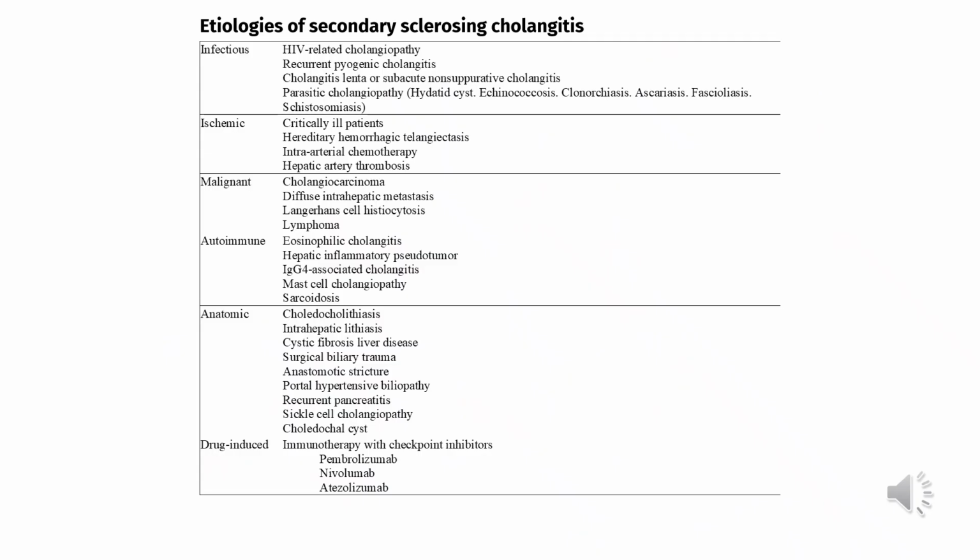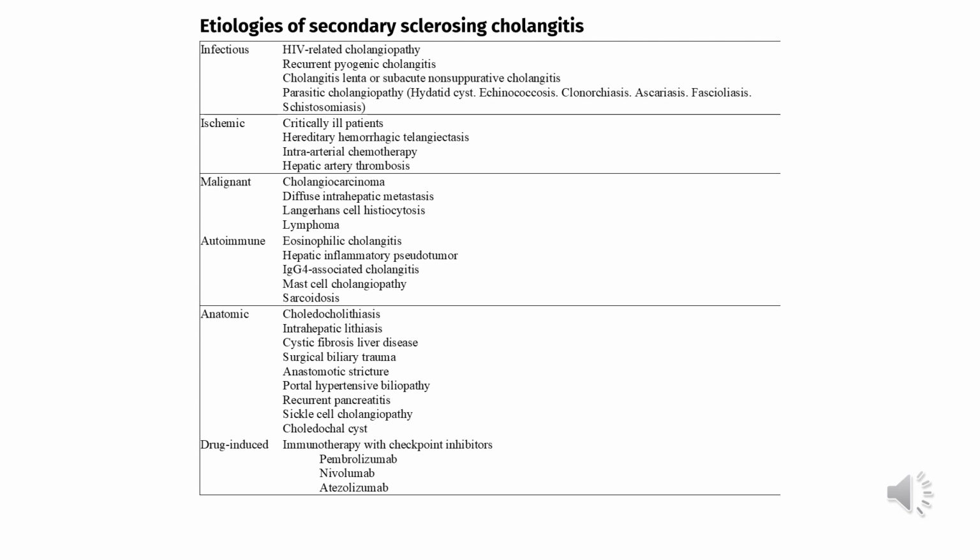Regarding the etiologies of the secondary sclerosing cholangitis, we may have infectious causes like HIV-related cholangiopathies, which is one of the commonest causes, or pyogenic cholangitis, maybe parasitic, especially hydatid cysts, echinococcosis, ascariasis, fascioliasis, schistosomiasis.